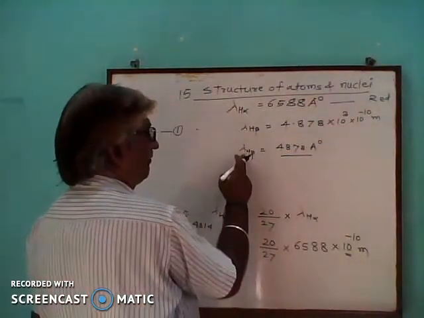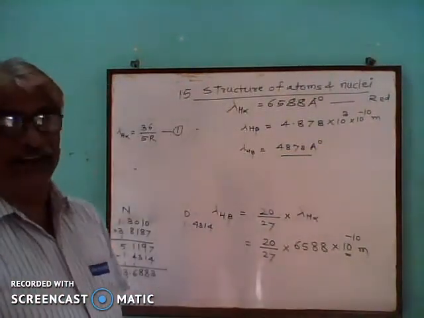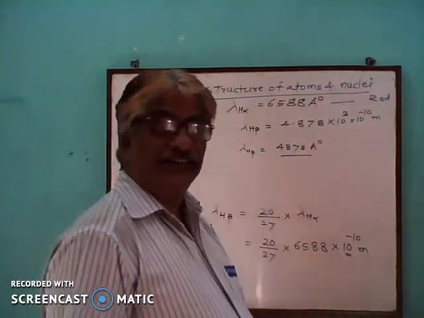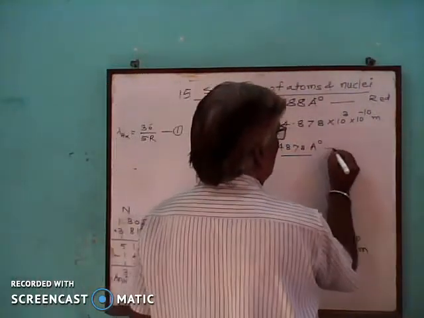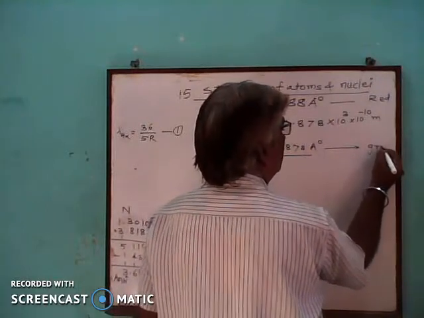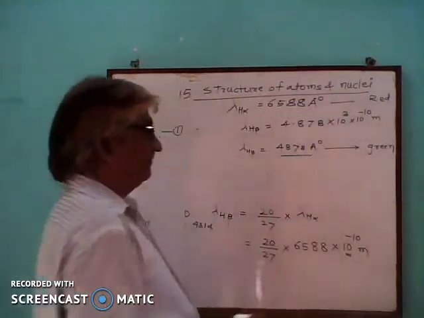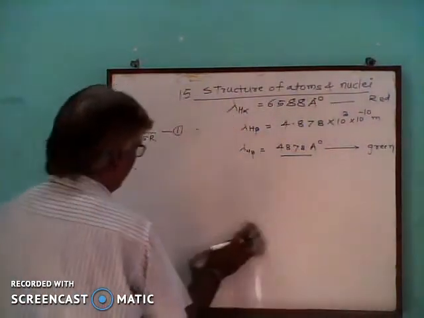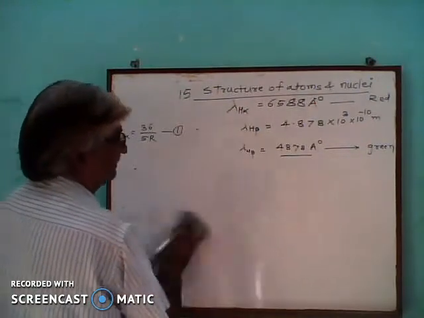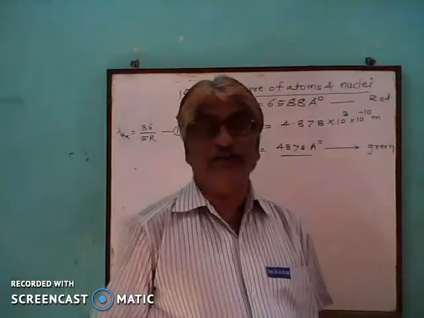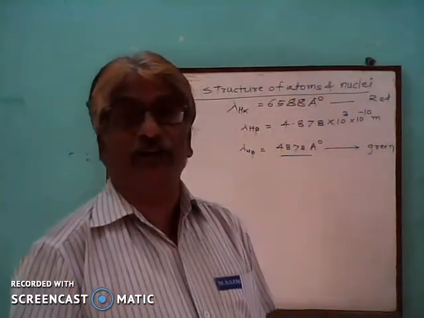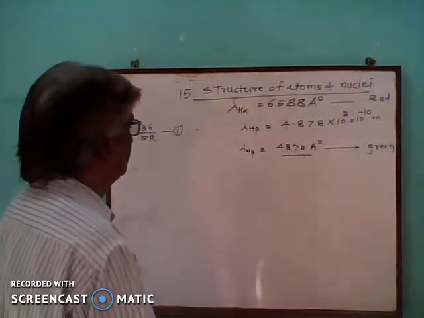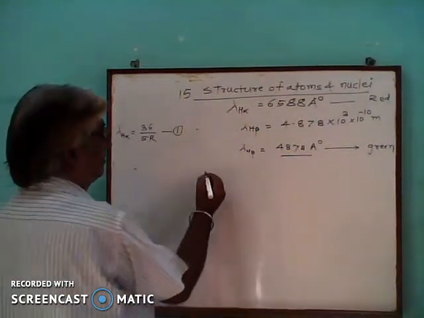Here the wavelength for the H beta line, that is the second line in the Balmer series, shows the green color of light, whose wavelength will be 4878 angstrom unit.